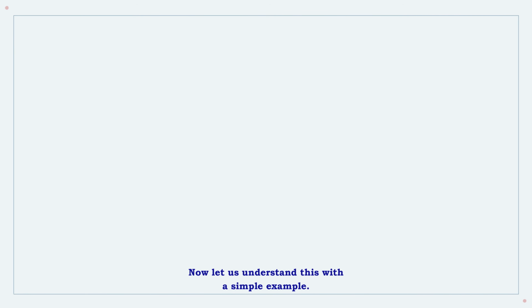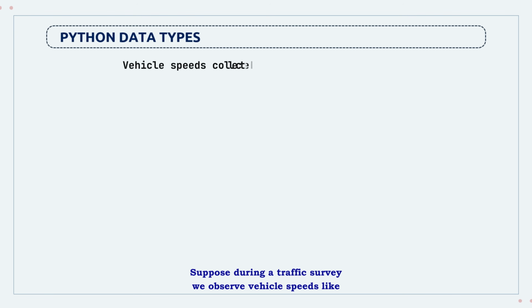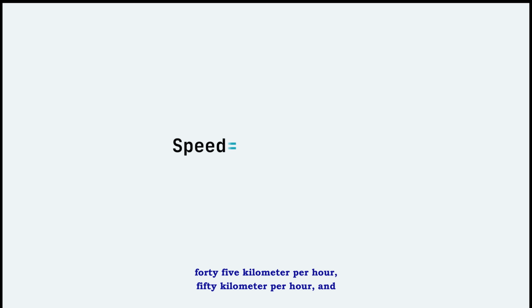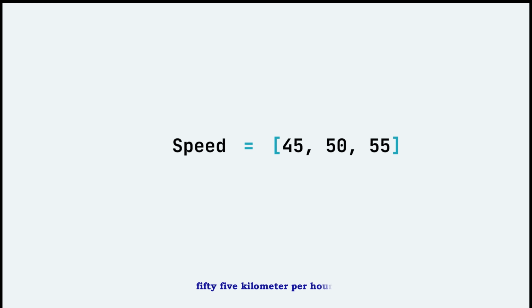Now let us understand this with a simple example. Suppose during a traffic survey, we observe vehicle speeds like 45 km per hour, 50 km per hour and 55 km per hour. These values can be stored together inside a list. Now let us understand the syntax carefully.